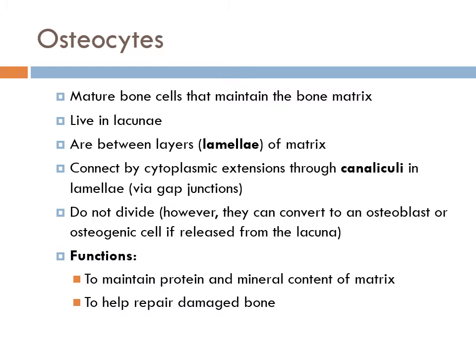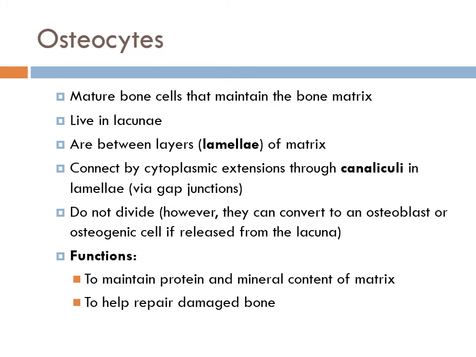Osteocytes do not divide. However, if they are freed or released from their lacuna, they can differentiate into an osteoblast or an osteogenic cell. And if an osteoblast produces enough matrix that it encases itself within bone, it will differentiate into an osteocyte.